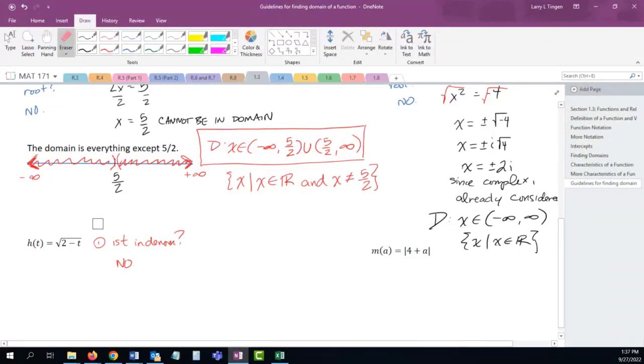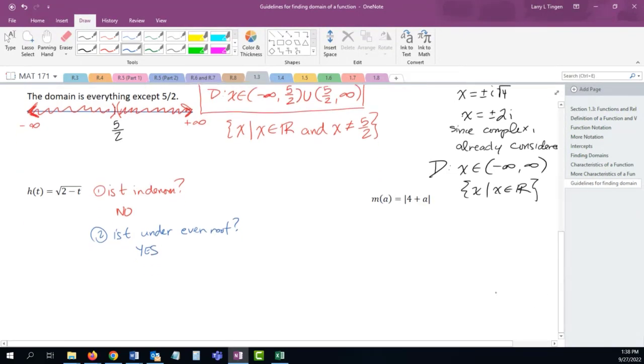And for the first time, the answer is no. So if it's not in the denominator, I don't have to take the denominator, set it equal to 0 and solve. But now, is t under an even root? And the answer is yes.